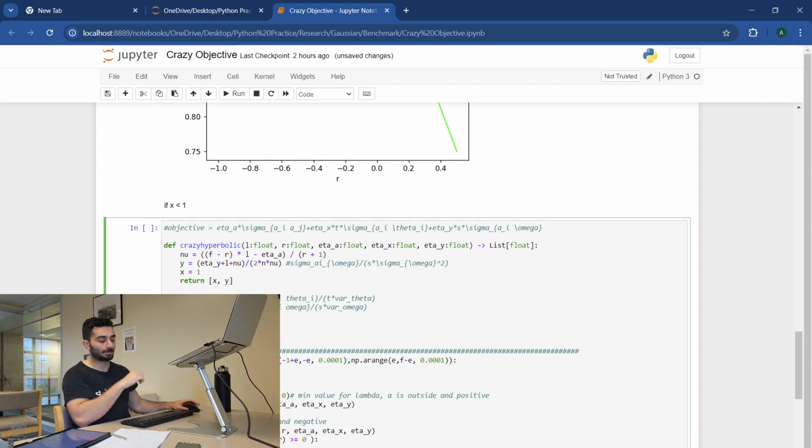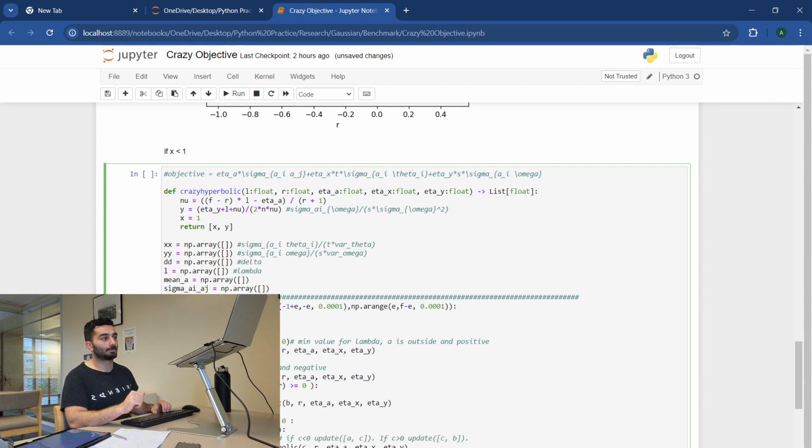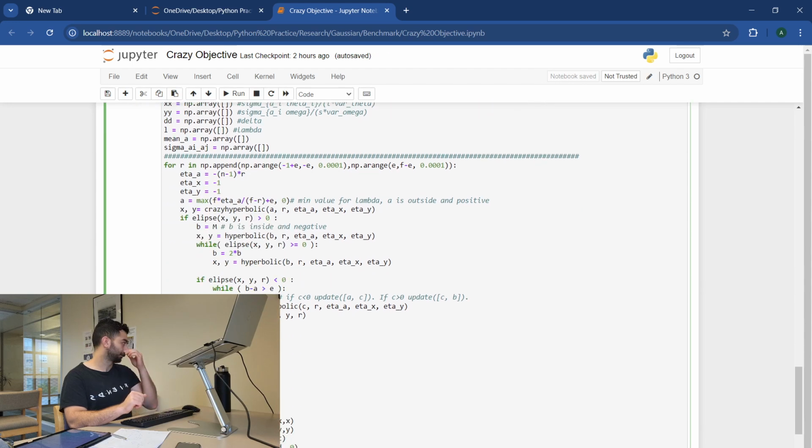Actually, yeah, let me add crazy hyperbolic. The same thing: we are outside the interval, we want to get inside the interval, and these are the same.